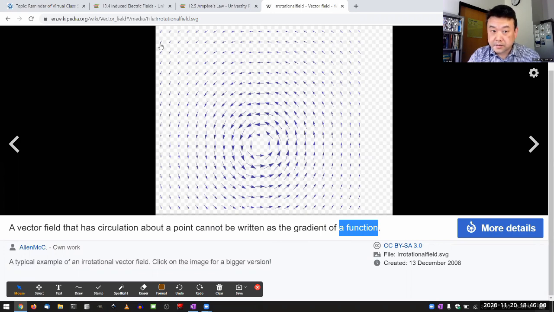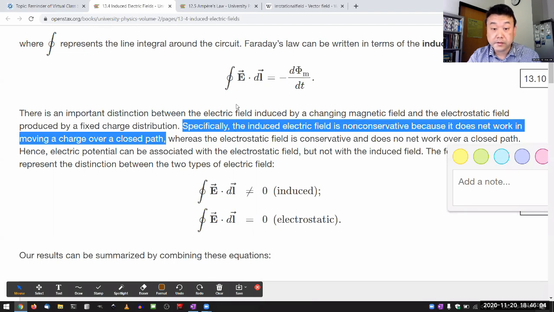And because in the case of electric field, the direction of electric field is the direction of force, this sense of non-conservative applies as a vector field, and it also applies as a force. The force due to an induced electric field is non-conservative.